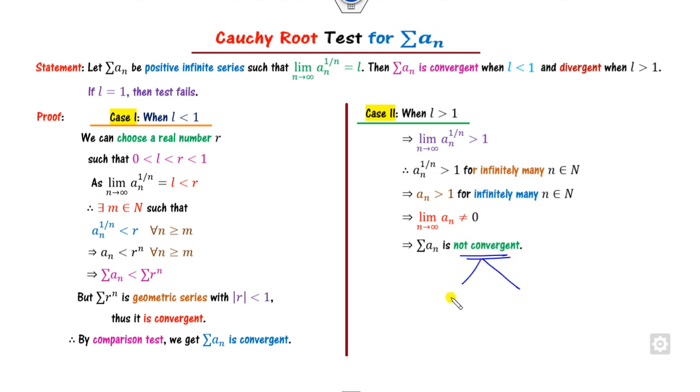Then it is either divergent or oscillating, but it is given that it is a positive series, so it can never oscillate. Therefore this series is divergent when L is greater than 1.